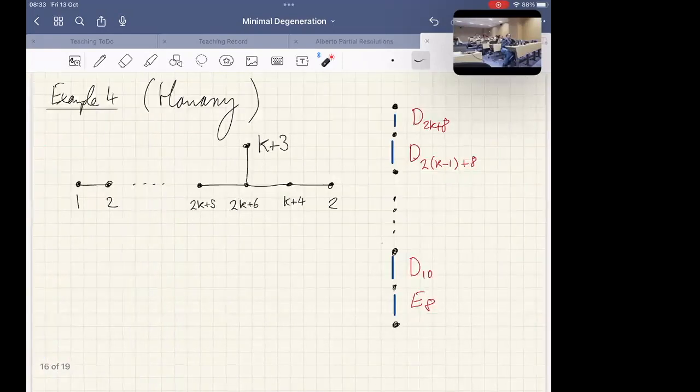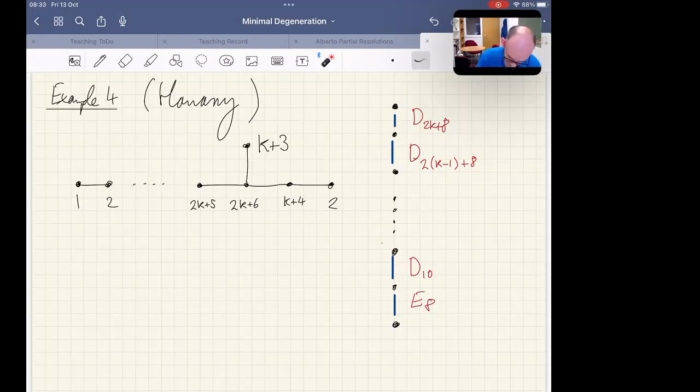So this is just another example. This was explained to me by Hanani. This is a really beautiful example, actually. It's very surprising, for 2 reasons. One is, of course, the Hesse diagram is linear, which is very surprising compared to all the other examples. But also what you get is just a whole bunch of Kleinian singularities.